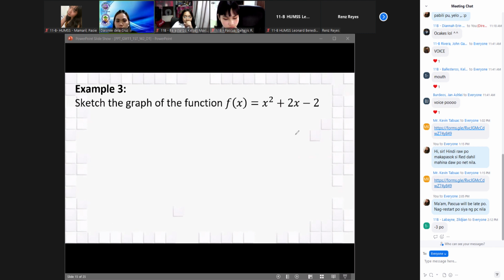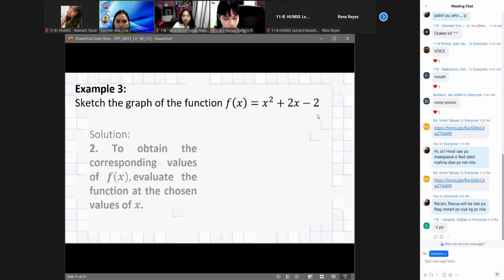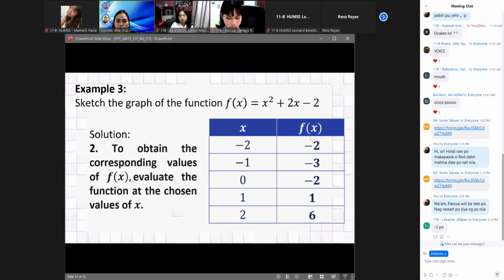Okay? So, check natin kung tama yung sagot. Ayan. So, negative 2, negative 3, negative 2, 1, and 6. And then, after that, isusulat natin to sa coordinate niya. Okay? So, first coordinates, so we have negative 2 and negative 2.